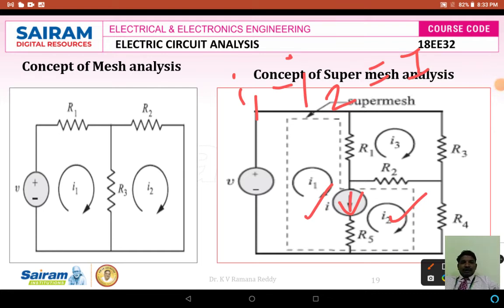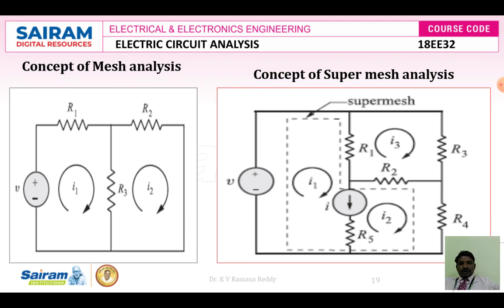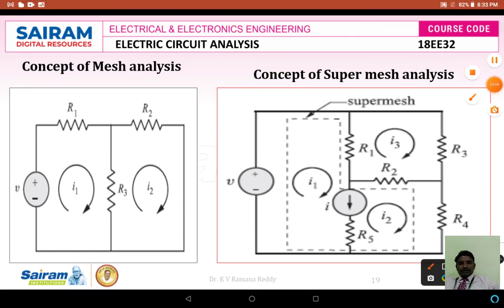Then one more equation, with respect to loop 1, by applying Kirchhoff's voltage law. Here we get one current equation, and we have to apply one more KVL in combination of loop 1 and loop 2 with this dotted line that I am showing in the given circuit.